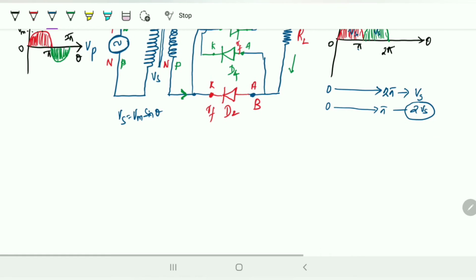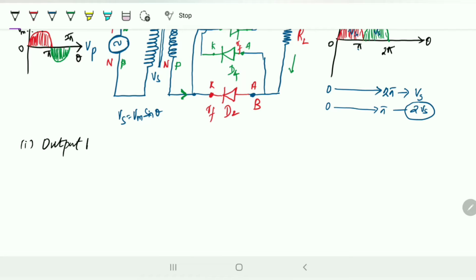First I have to derive the output voltage, because for the efficiency I need power, and for the power I need voltage and current. So V naught is equal to 1 by T, the integration over the time period, of Vs d theta.